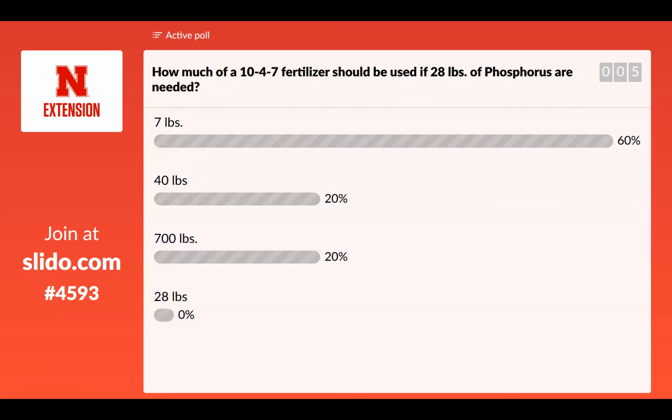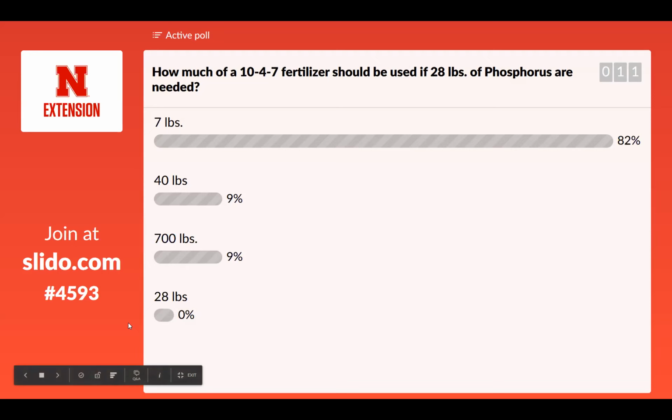Looks like 7 pounds is the biggest answer so far. Yep, looks like 7 pounds is the biggest answer. Keeps getting bigger. Let's check. 700 pounds of fertilizer are needed. All right.